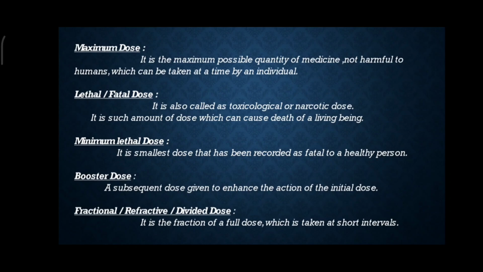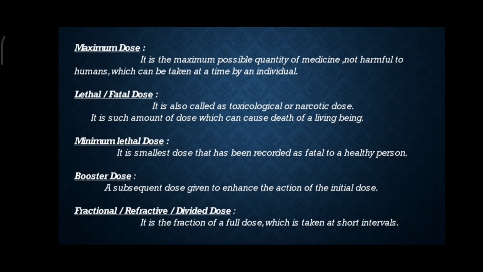Minimum lethal dose. It is the smallest dose that can be recorded as fatal to healthy persons. We know that lethal is a toxicological dose, and minimum lethal dose means the smallest quantity that can be fatal to healthy persons.